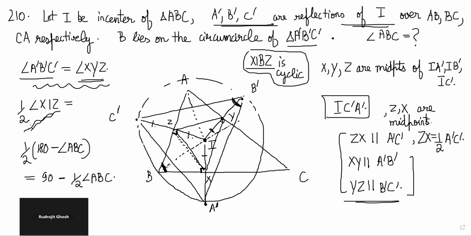Similarly, we can say that this line BI bisects angle ABC, and angle C'BZ is equal to angle ZBI.